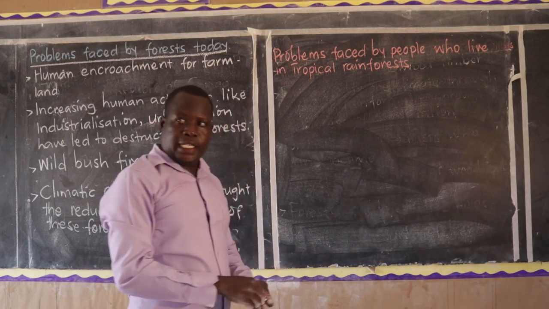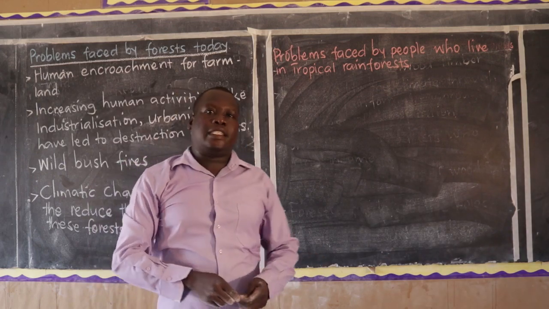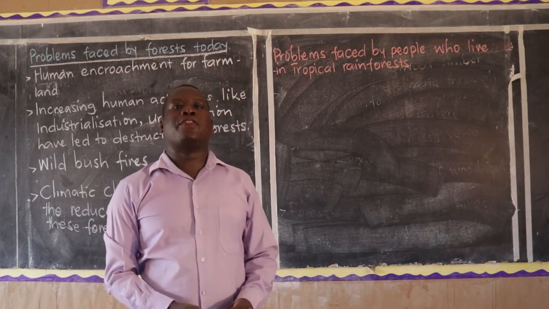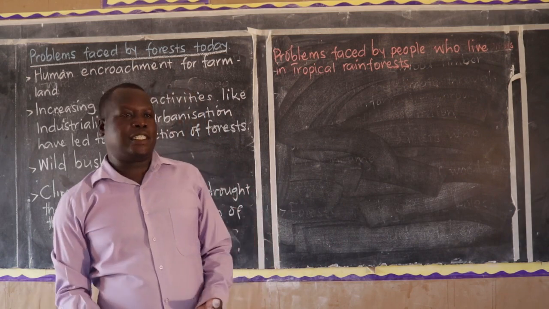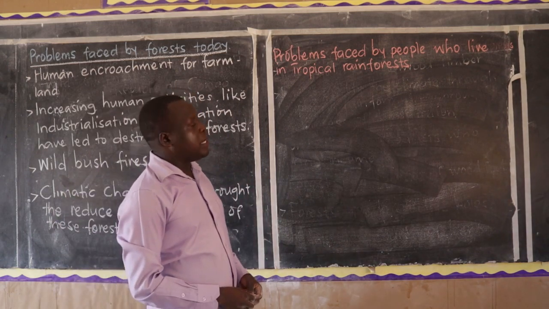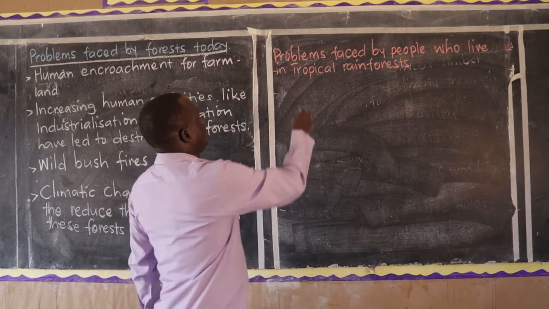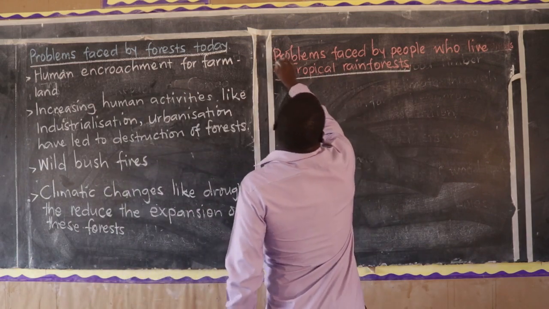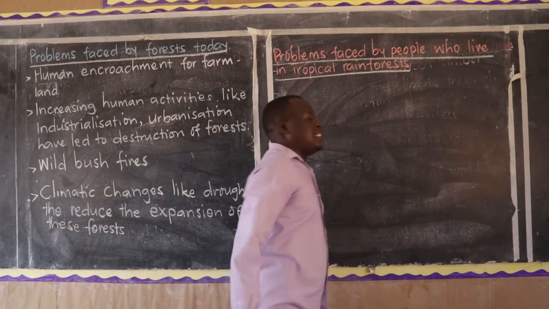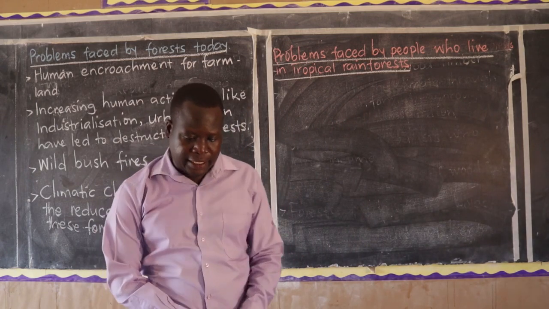Imagine you are the one living in or near the thick tropical Ituri forest in DRC. Which problems do you expect to find? Which problems do you expect to find living in such areas?